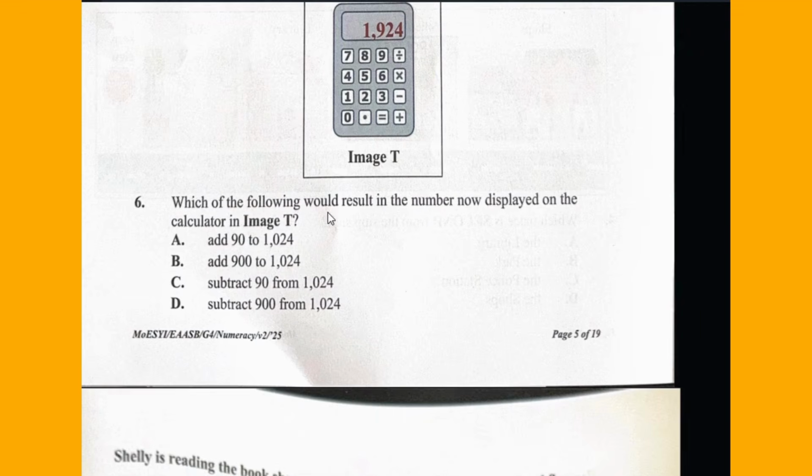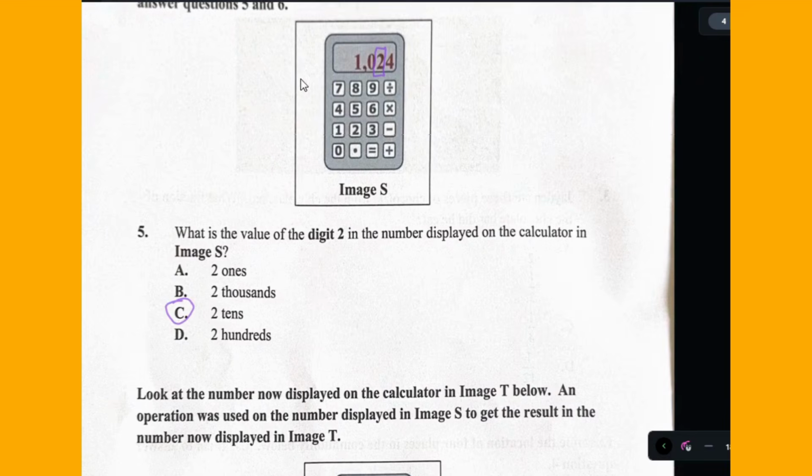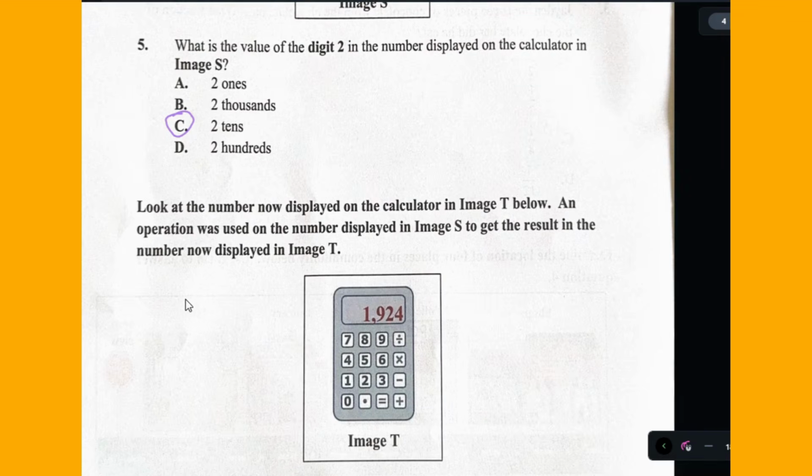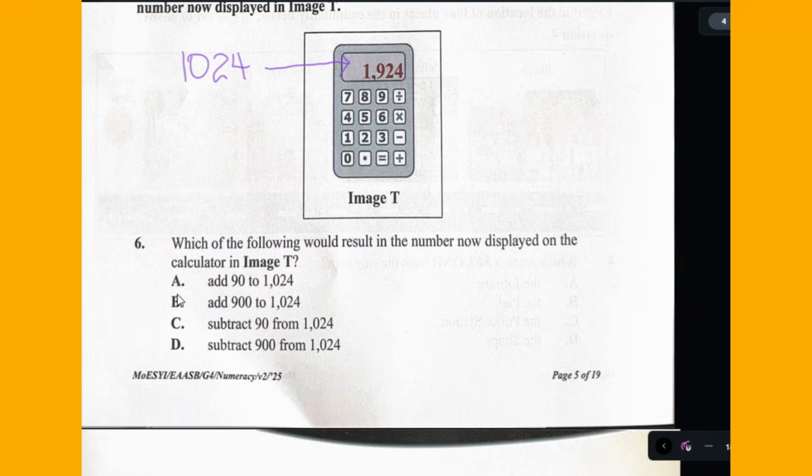Which of the following would result in the number now displayed on the calculator in image T? So let us remind ourselves what was on image S. So we are seeing 1024, and now the number is 1924.